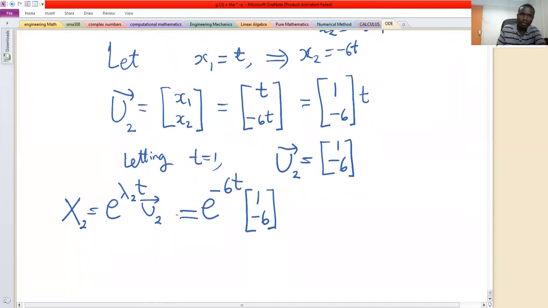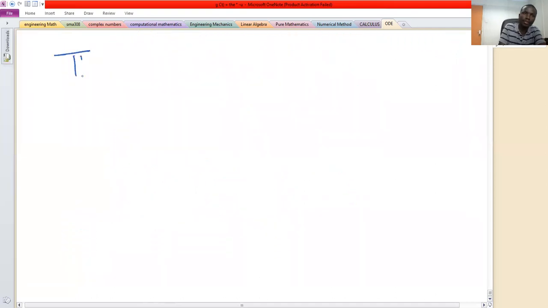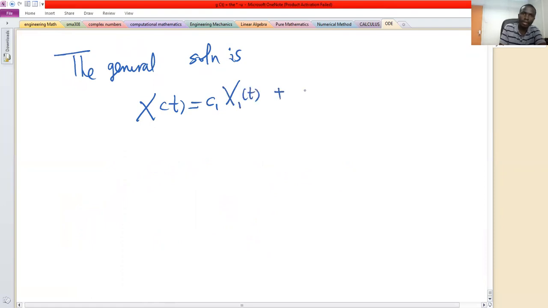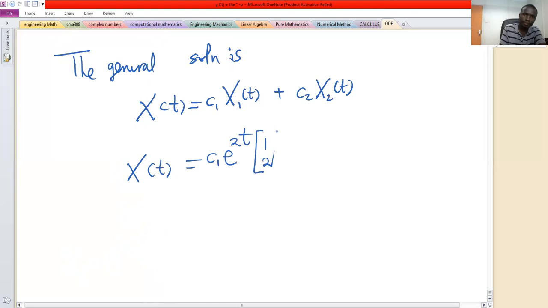Now, by the superposition principle, the general solution is given by x of t equals c1 x1 of t plus c2 x2 of t. Because we have already gotten everything, c1 x1 was e raised power 2t into the vector (1, 2).